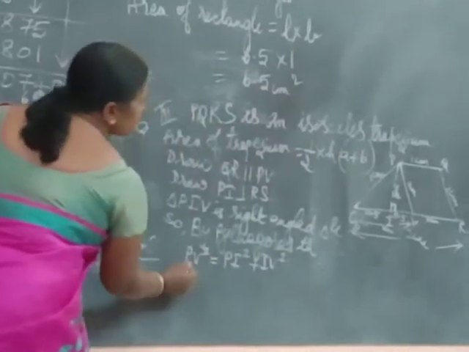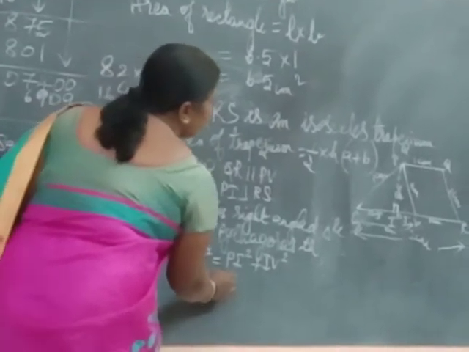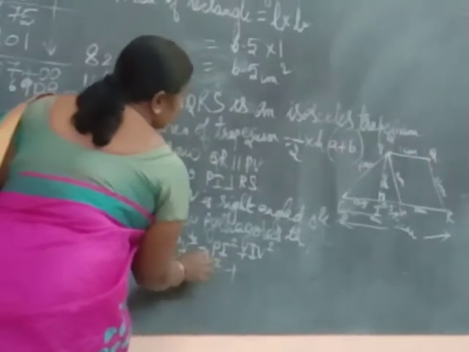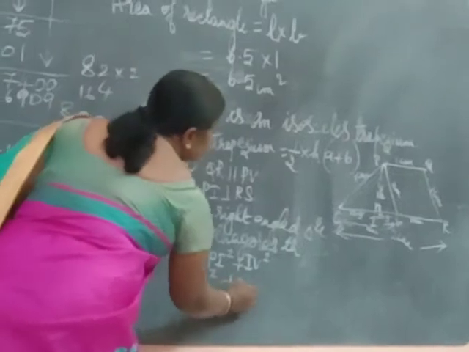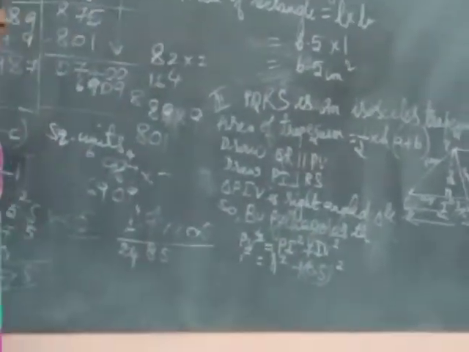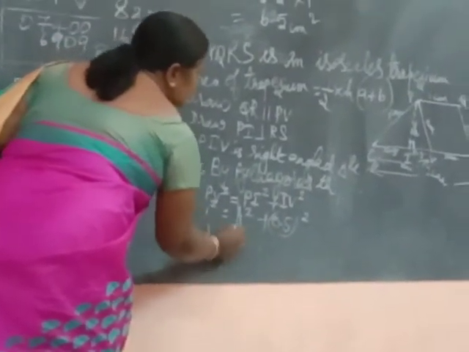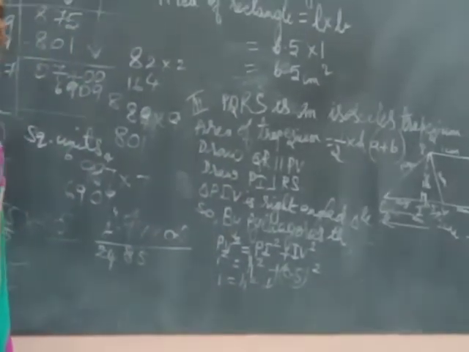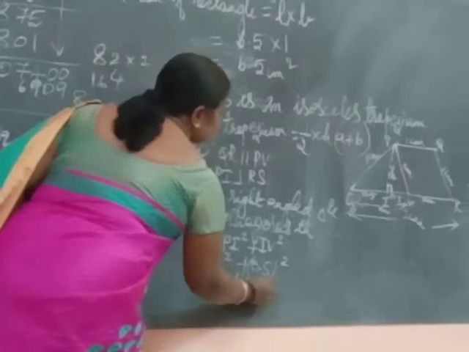So PV square, 1 square, is equal to PI square, H square, plus IV square, 0.5 whole square. Now 1 square is 1, equal to H square plus 0.5 whole square. How much do you get? 0.25. Okay.